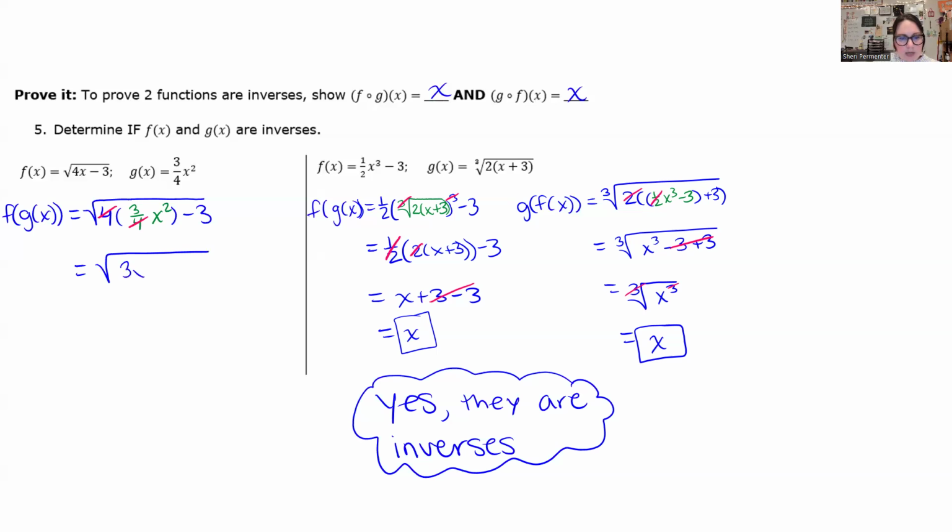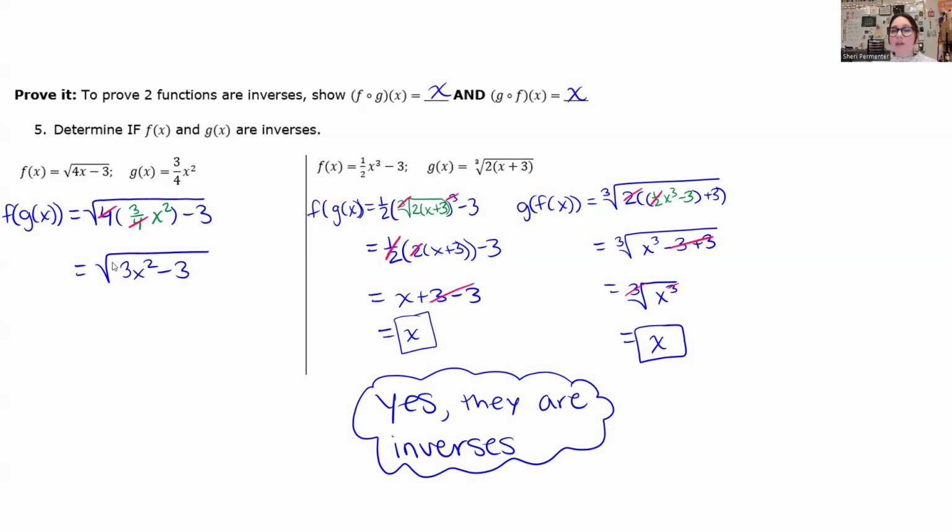So I have 3x squared minus 3. Are these inverse operations if I have multiply by 3 and subtract 3? No. So is there anything else I could do to reduce this down to x? No, I would have to get rid of the 3's before I can cancel out the square and the square root.